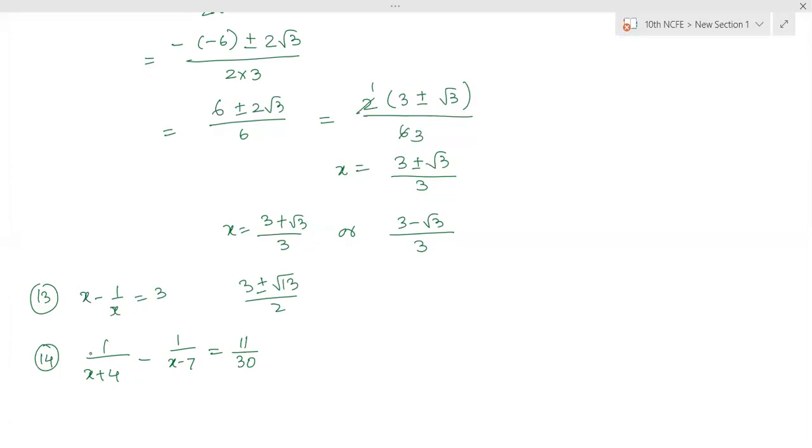Instead of a minus as the middle sign, they printed plus, and that created a lot of problems. But on the same paper, on the Hindi side, the printing mistake was not there; the minus sign was there. This was the 2020 board paper.